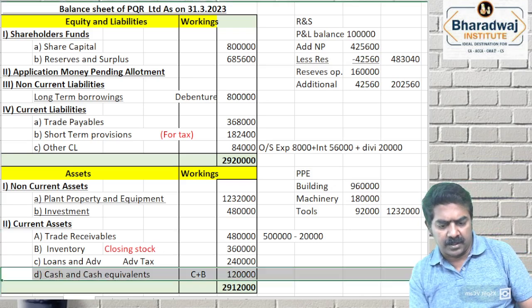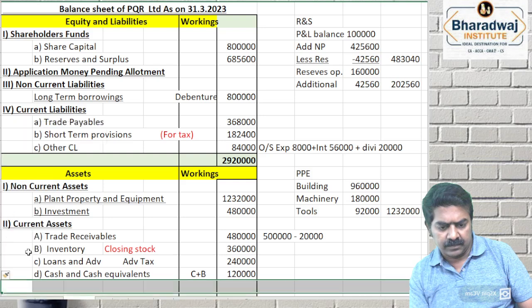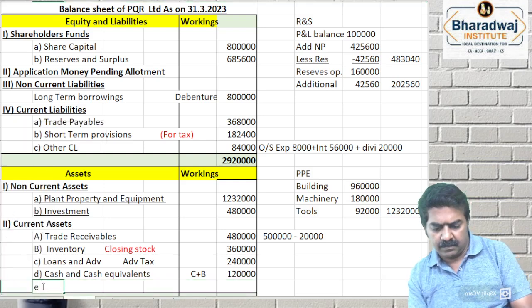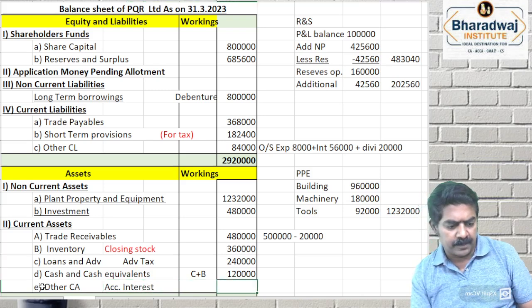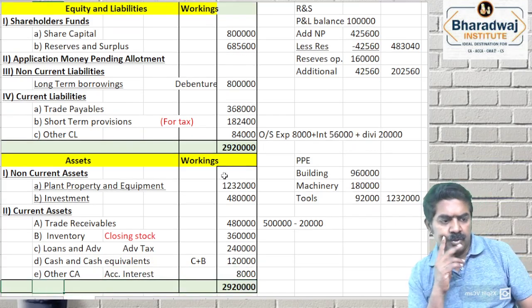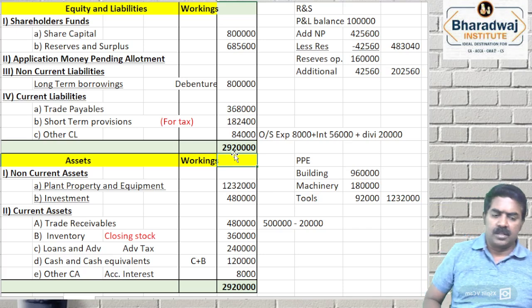Other, that will come as what? Other accrued interest. Accrued interest how much? So 29,20,000 total of the balance sheet.